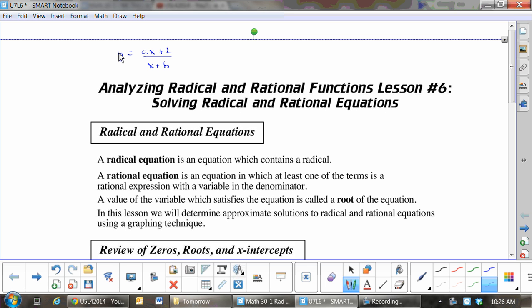Okay, so I just gave you that equation. Can you tell me what a and b are? Just by looking at that equation.